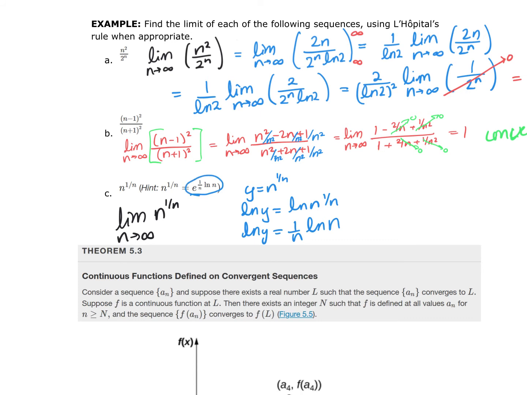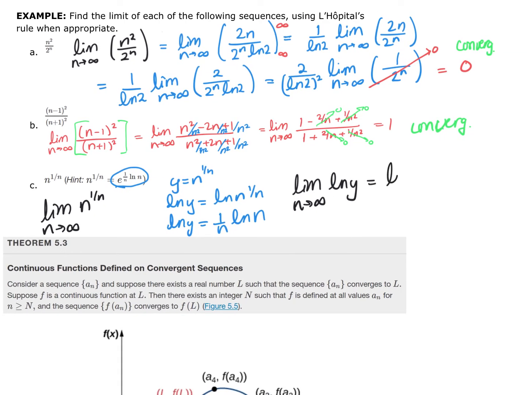And so if I'm asked to find the limit as n goes to infinity of the natural log of y, which is the same thing as the limit as n goes to infinity of the natural log of n divided by n, this is infinity over infinity, so we can use L'Hopital's.